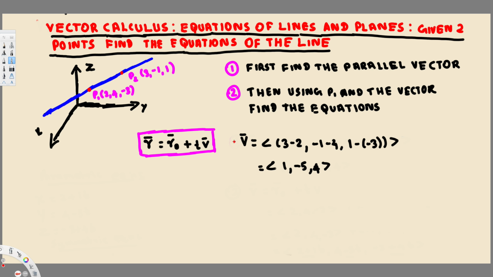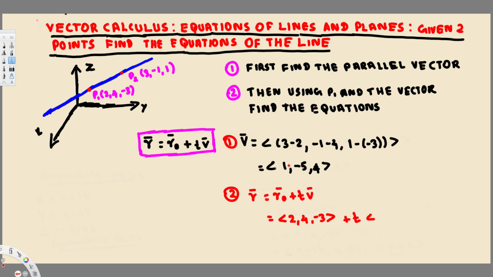So first we solved this one, that's the first question, parallel vector. Now the second question is asking for the equations, but let's find the equation of this line first. Now this is r bar is equal to r naught bar plus t v bar, right? R naught bar is the point vector. Since they have mentioned p1, we are going to use this one, 2, 4, minus 3, right, plus t times v.